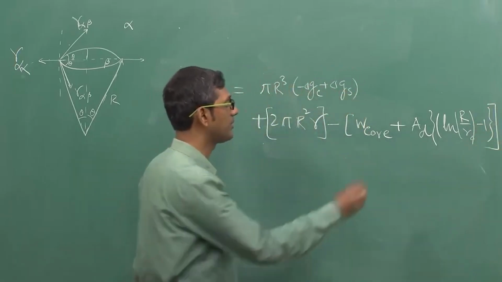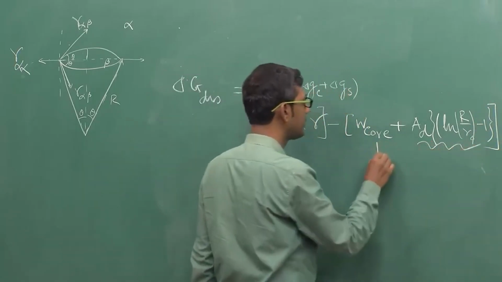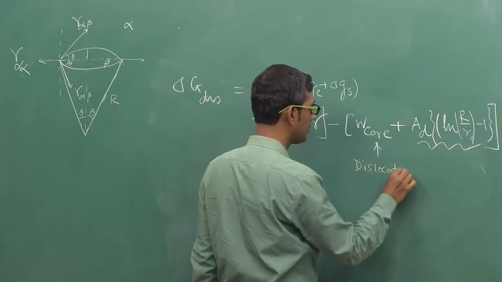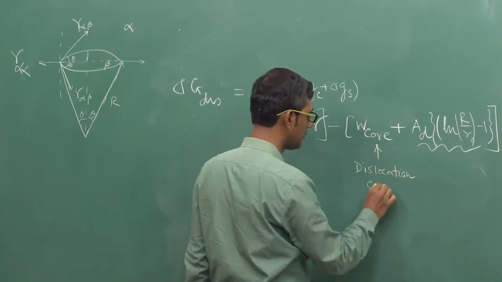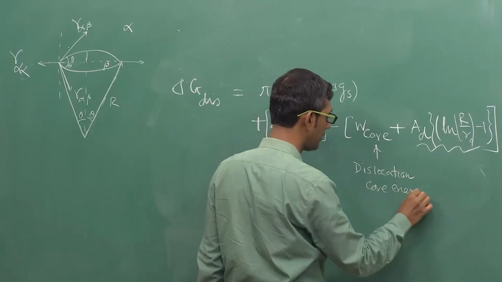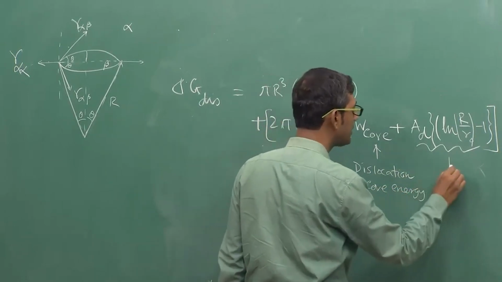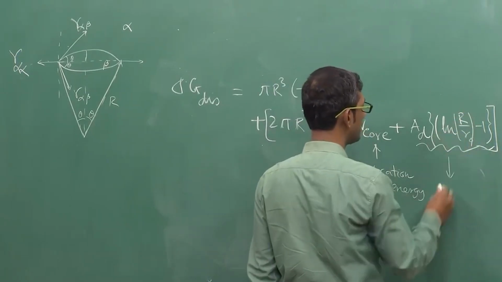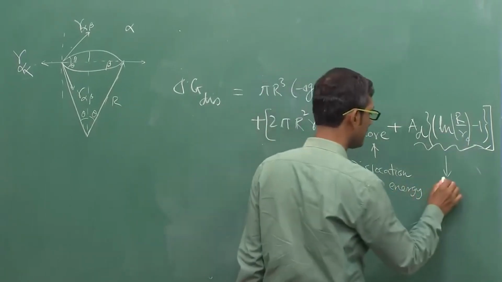This part is what is new. This is the dislocation core energy. And this is basically because of the strain relieved in the surrounding areas.